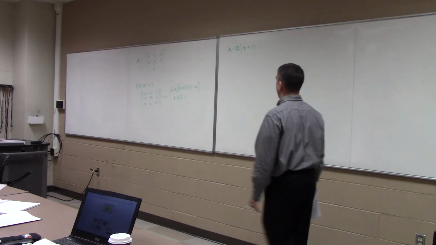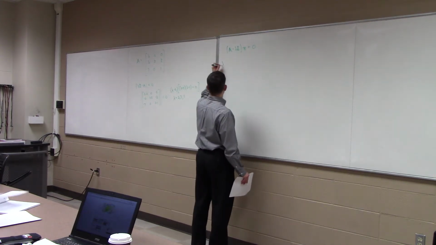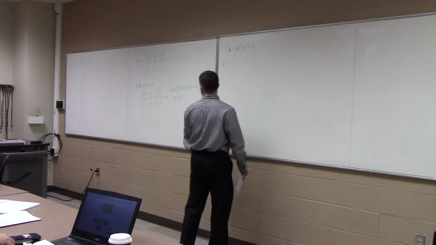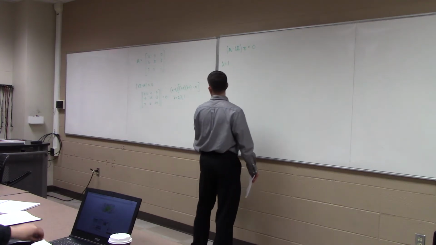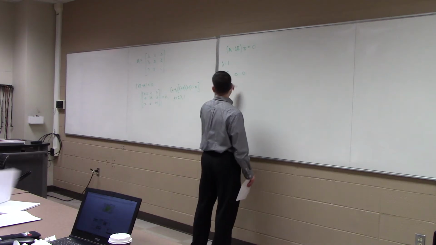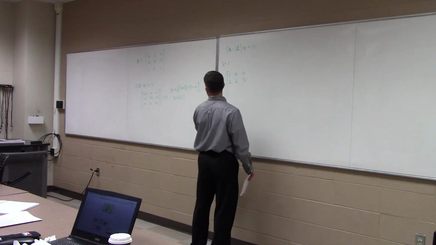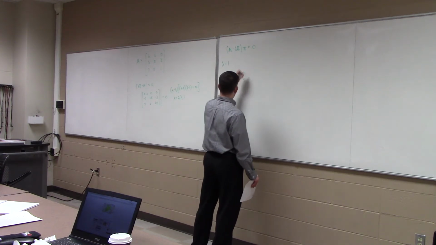Okay, and that'll give me an eigenvector. All right. So for lambda is equal to 1, A minus lambda I. Lambda is 1. So this is going to be 1, 0, 0, 2, 2, 3, 7, 0, 0.